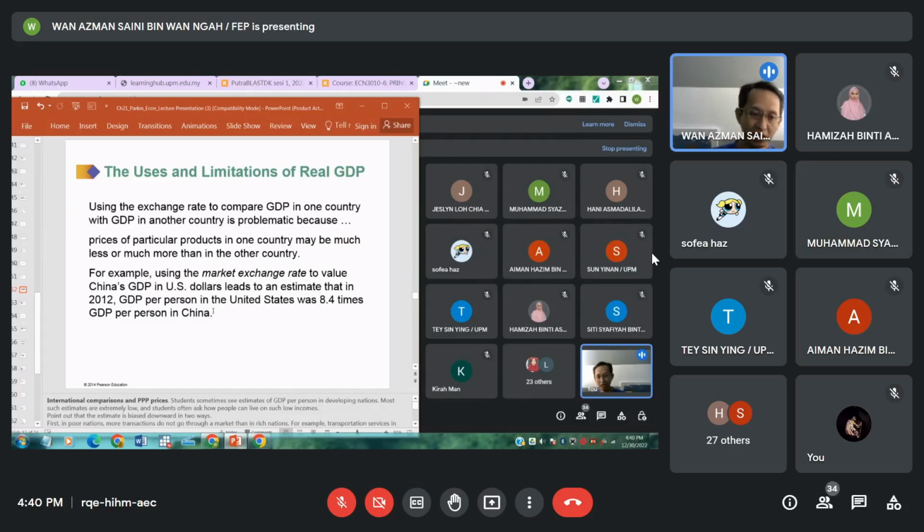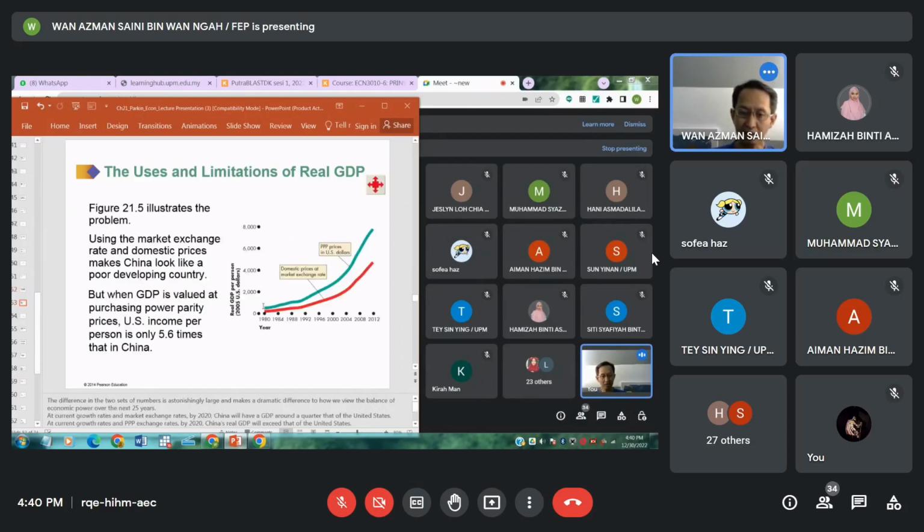But if you make adjustments for prices, even though the income per capita in China is lower compared to the US, a lot of things in China are a lot cheaper compared to prices in the US. So if you make these adjustments, then you're going to see that the gap is only 5.6.